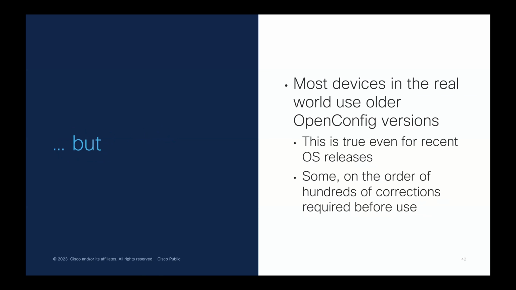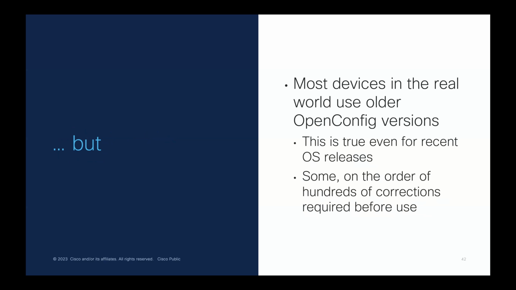However, most devices in the field, if they support OpenConfig, still use the old models, even in recent OS versions. That often leads to problems when we try to use the OpenConfig interfaces. It's still possible to make things work, but it's not uncommon to have to make many, meaning hundreds of fixes just to make the YANG models compile.